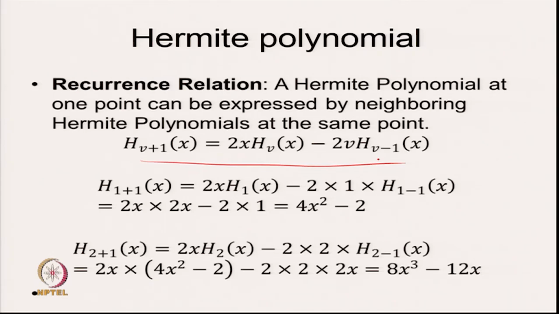So, we can calculate it for level 2: 2x into the Hermite polynomial for level 1, minus 2 into 1 into the Hermite polynomial for level 0. Now put in 2x for level 1 and 1 for level 0, and what you get for level 2 is 4x square minus 2.